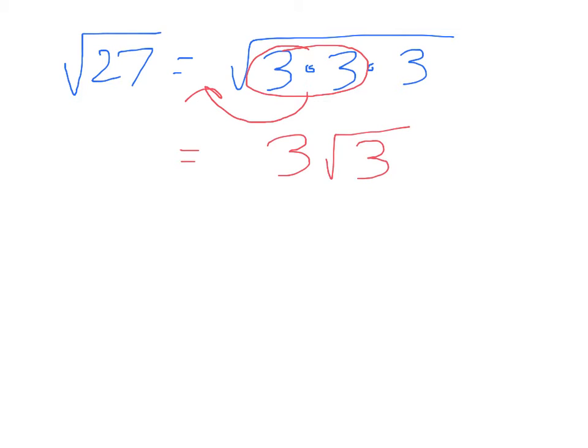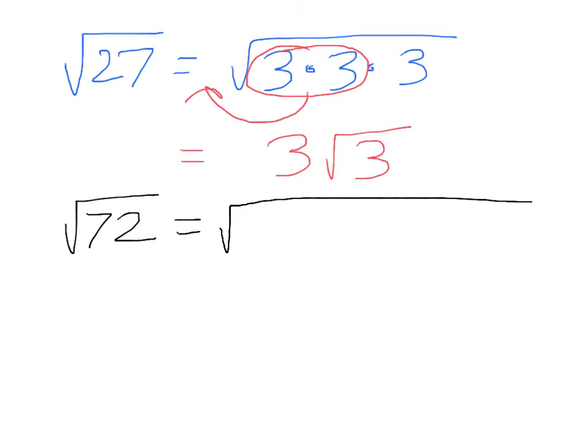How about this? The square root of 72. When I do the square root of 72, the prime factorization is 2 times 2 times 2 times 3 times 3.